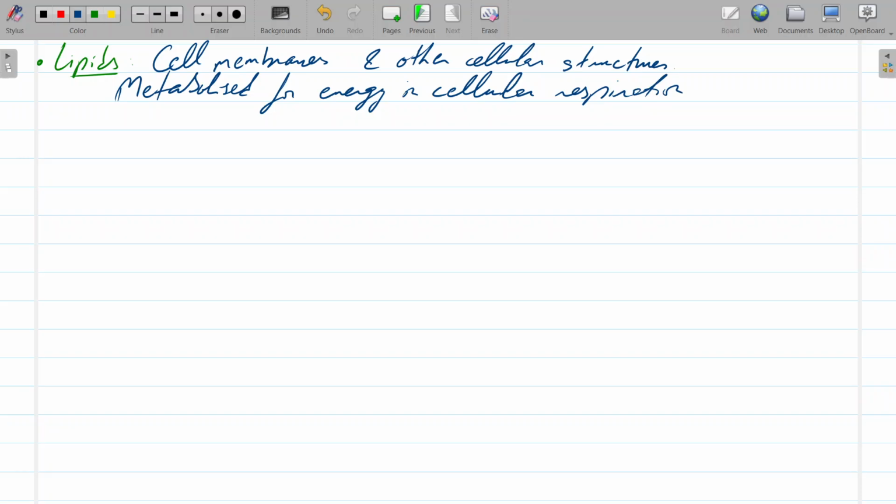In that case, they are oxidized, and the products are carbon dioxide and water.